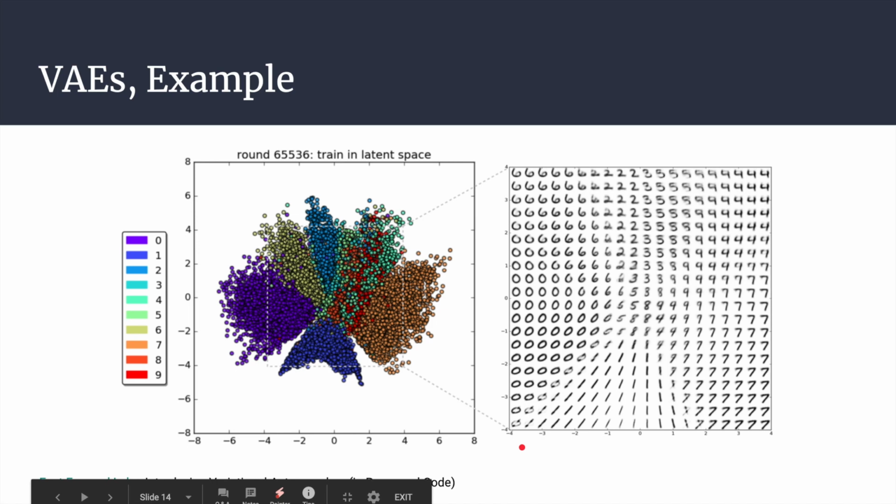So this is just an example, I guess, of variational autoencoders and what they do.